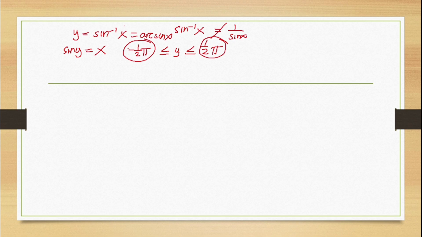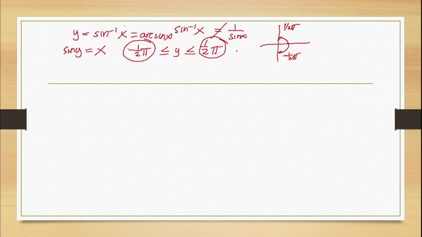So this is the Cartesian plane, going here and going there. This is 1/2 pi and this is negative 1/2 pi. So this is the restriction of sine y equal to x.